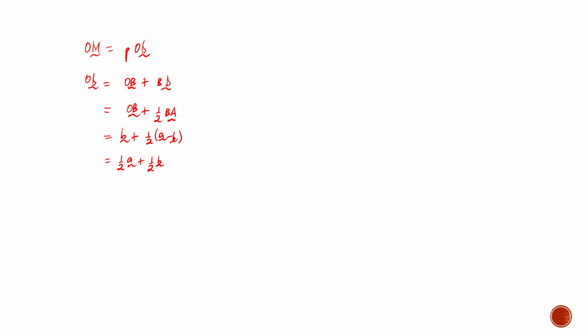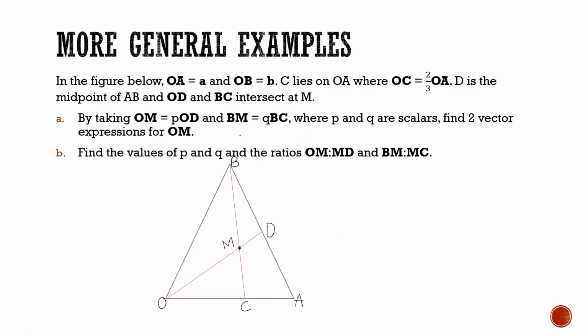We know that OM is P times this, so OM is a half PA plus a half PB.